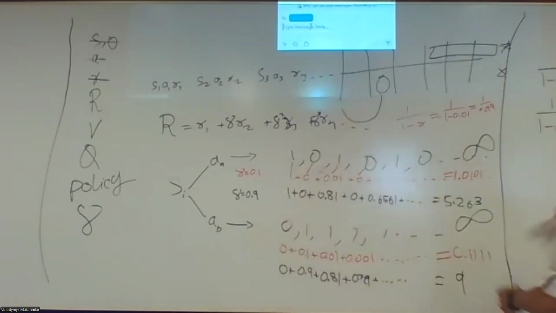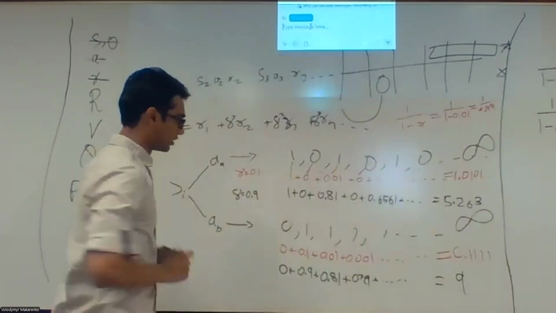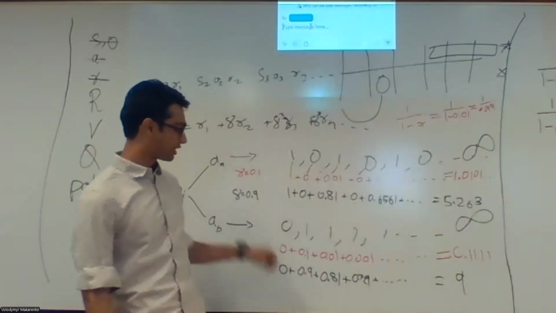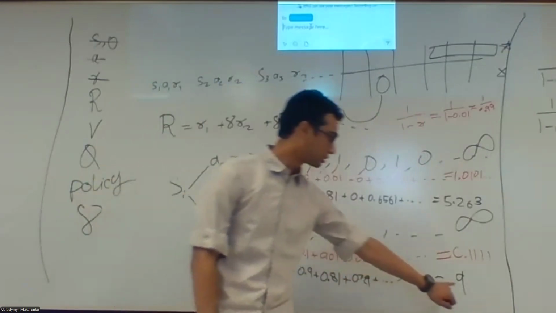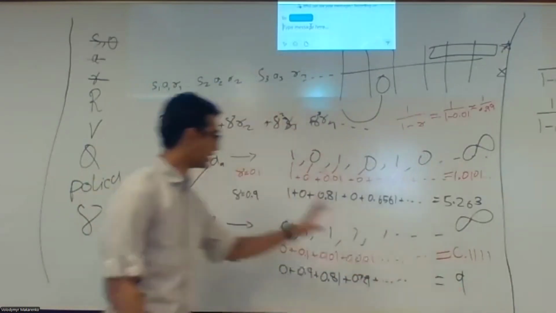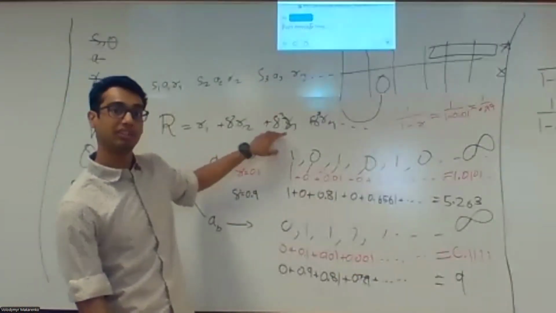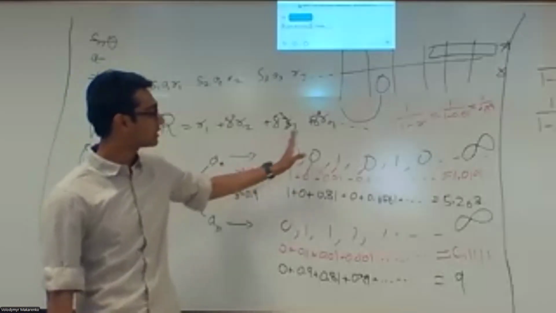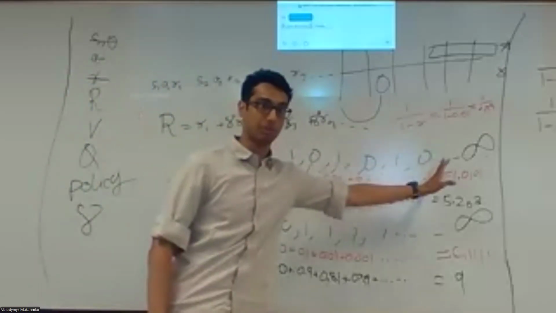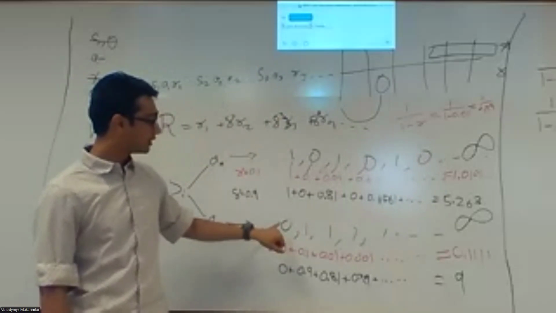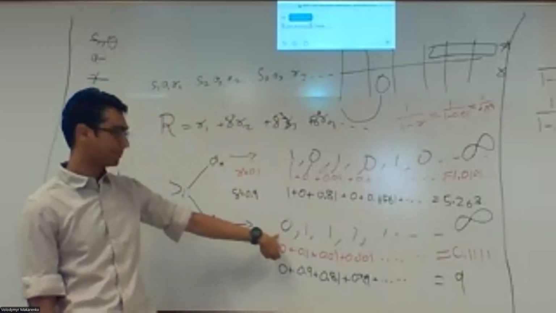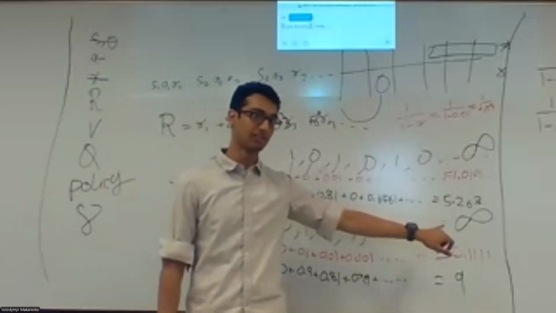So the cumulative reward using gamma of 0.9 over here turns out to be 9. Look at this. The rewards over here are 1, 0, 1, 0, 1, 0, all the way through. The rewards over here start off with 0, but then go on to be continuous ones.